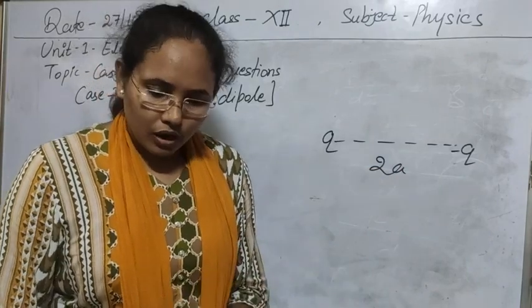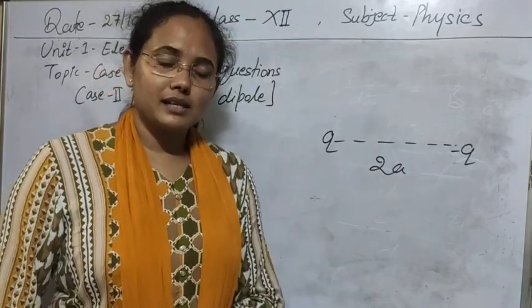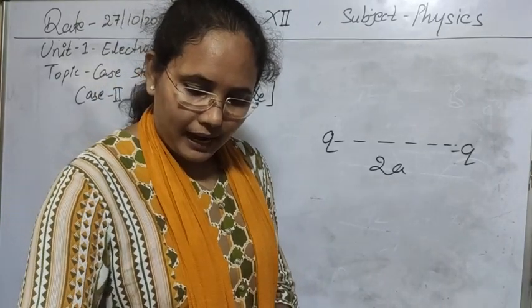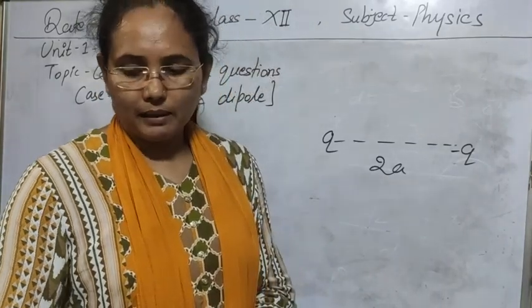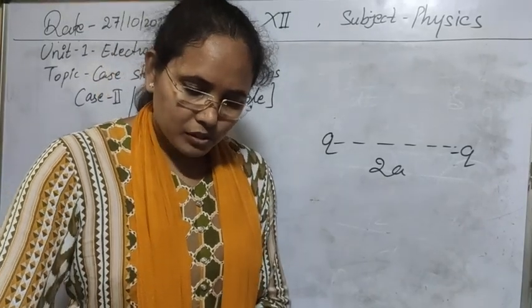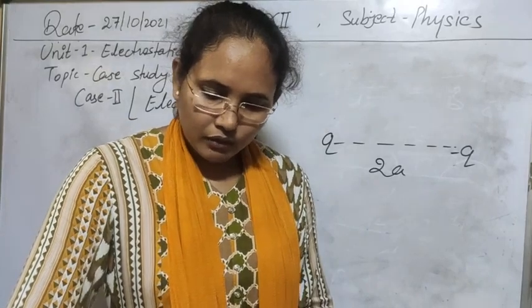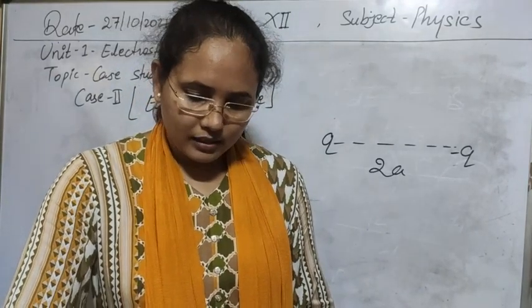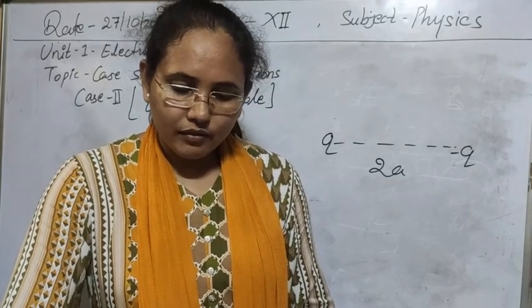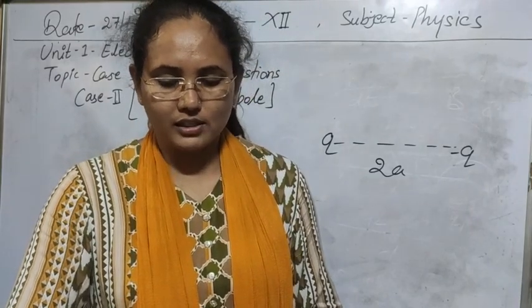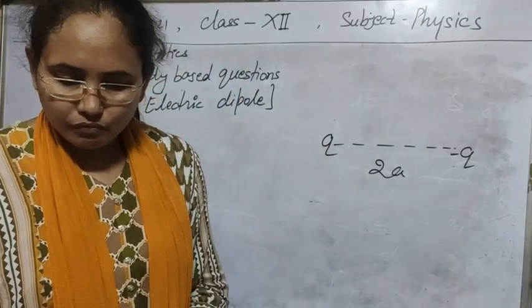Now one question I will discuss here: what will be the value of electric field at the center of the electric dipole. Here our first question is this one. Options given are: 0, equal to the electric field due to one charge at the center, twice the electric field due to one charge at the center, half the electric field due to one charge at the center. The question is very simple.